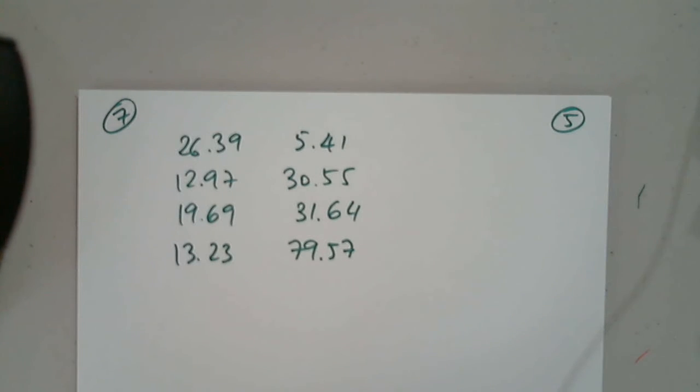So the first question was asking us to find the predicted values. First of all, I need to determine the coefficient of correlation, then look in the table and see if, with 4 data entries, 4 ordered pairs, that is a valid conclusion.